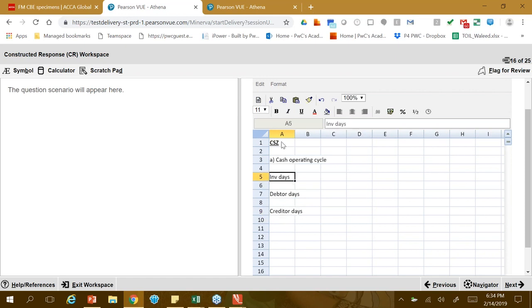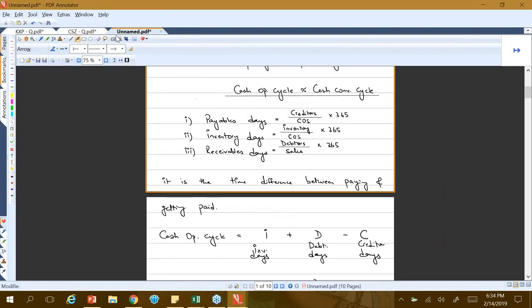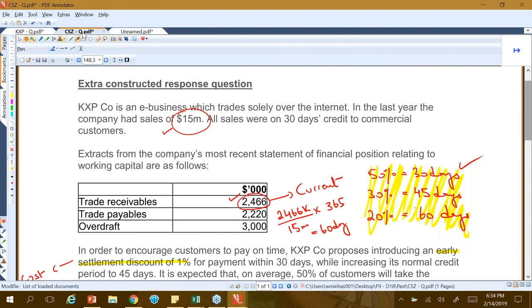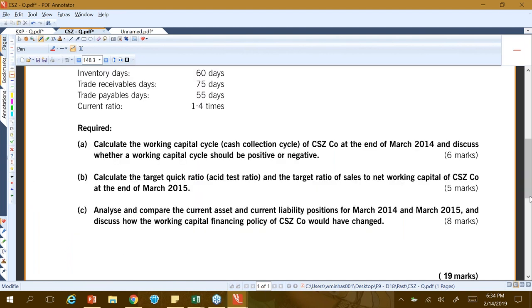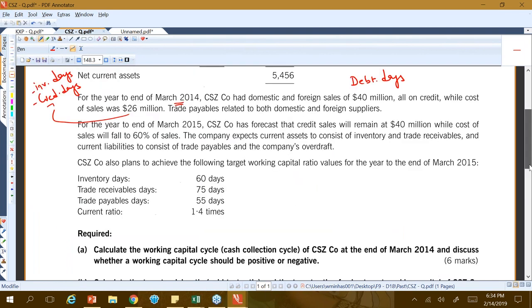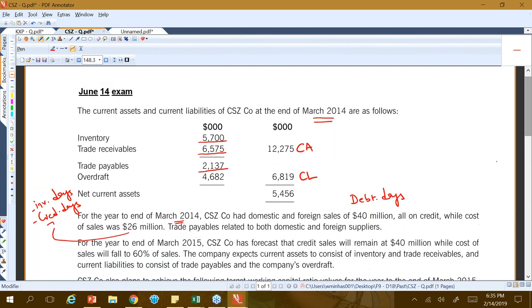So how do we calculate the inventory days? We take the inventory over the cost of sales. The inventory here is 5,700, the cost of sales is 26 million. And how many days are there in a year? It doesn't say anything, so we assume that's 365. If the examining team is specific, they will tell you something else, maybe 360.